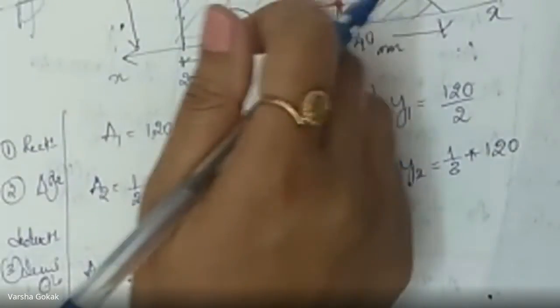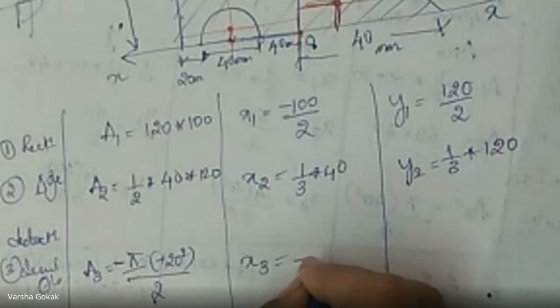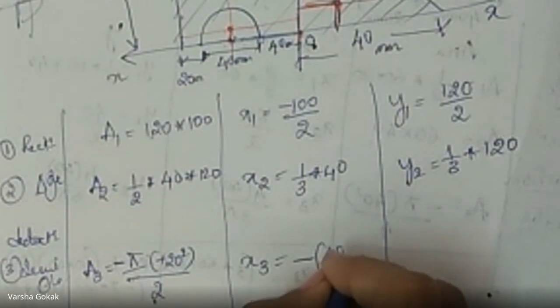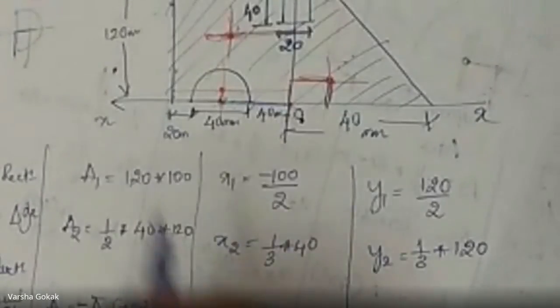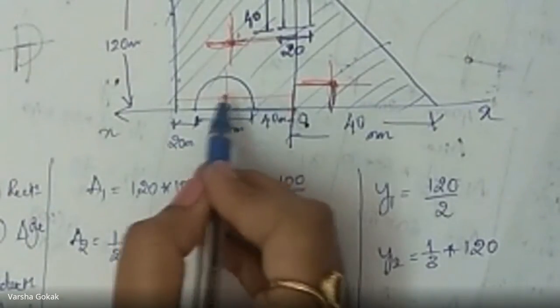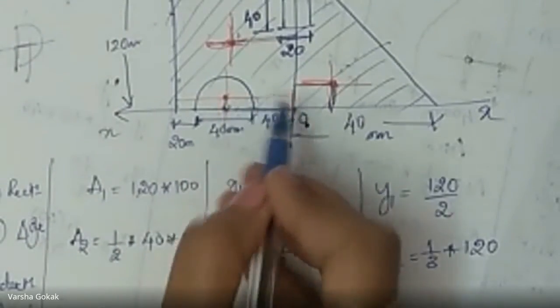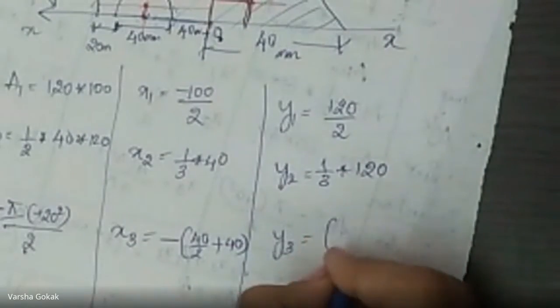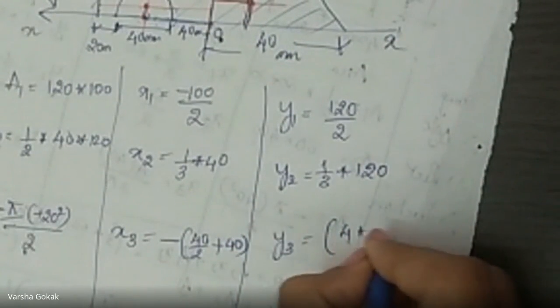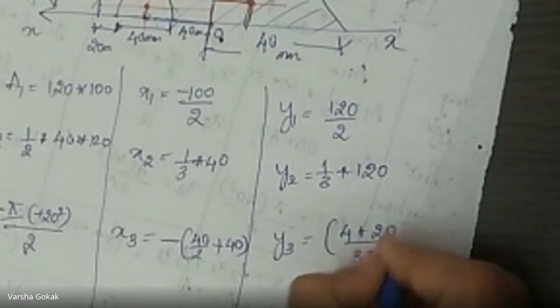And this entire thing is falling in the second quadrant, so it is minus, d by 2, that is 40 by 2 plus 40. Entire thing will go with negative sign because it is in second quadrant. 40 by 2 is this distance plus 40, okay, with a negative sign, x3. What about y3? 4r by 3 pi, positive. So 4r is 4 into 20 by 3 pi.